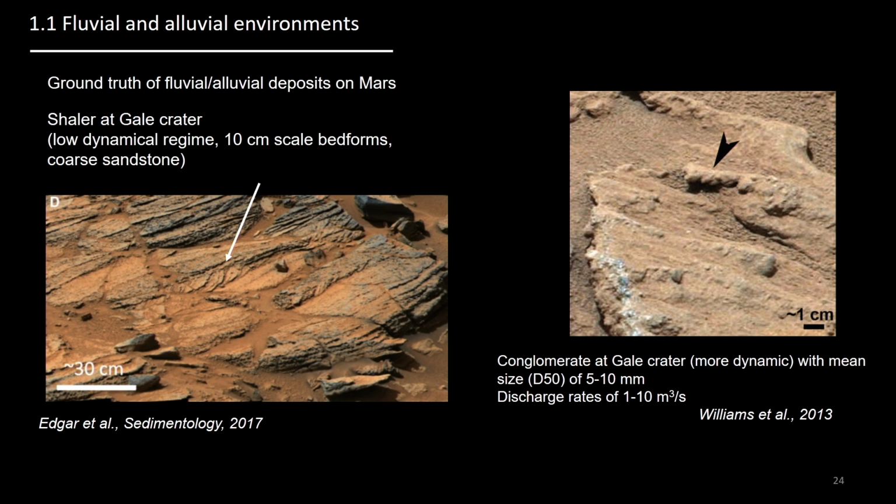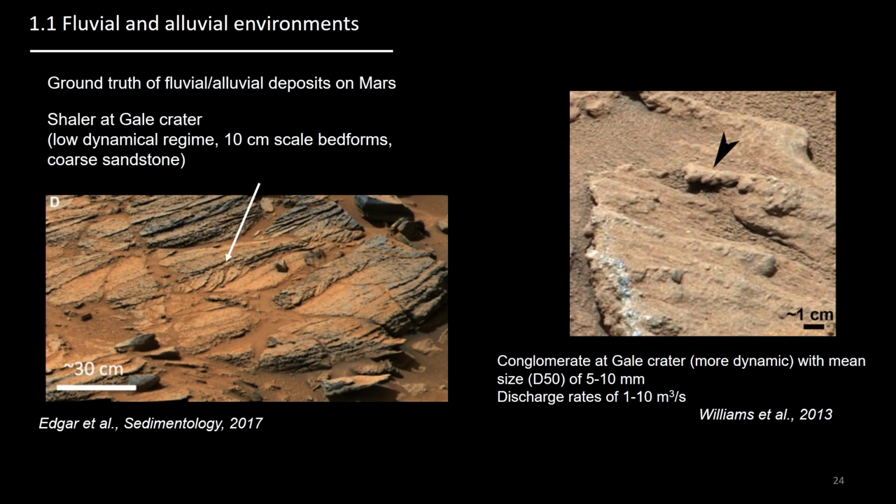Those are imbricated. Imbricated means they are piled up together, showing the flow direction from here to there, and that's typical of fluvial deposition. Okay, so we know that these conglomerates on Mars have been formed by fluvial deposition, and with the size of the conglomerates, the size of the beds, we can define the discharge rate, which was probably around a few cubic meters a second, which is a small gully. It's not a big channel.